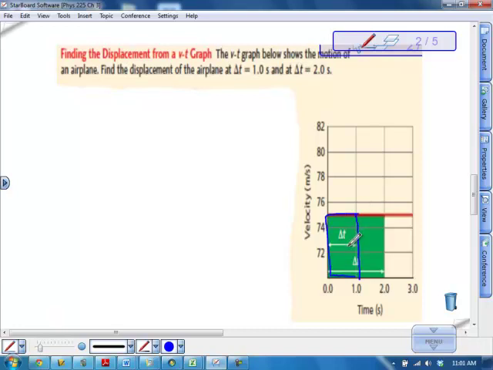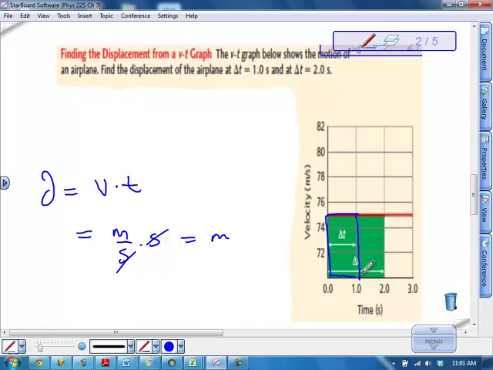The reason I know to use area to find distance in this case is because distance is velocity times time. If I take velocity times time, I'm talking about a little unit of area on this graph. And the units will help you. On the graph, we want meters per second times seconds in order to give us meters for distance. So the units will also be very helpful in determining what to do from a graph.